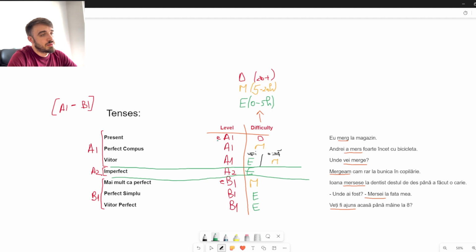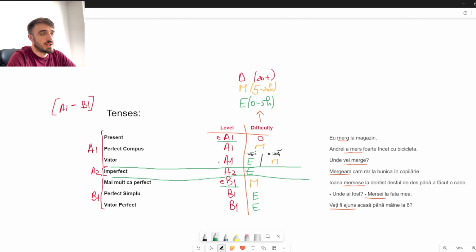And the reason I put early A1 and early B1 is that I highly recommend starting with this one when you move to the respective level. So start with present when you start the language, start with mai mult ca perfect when you get to B1. With A2 there's no other one here.